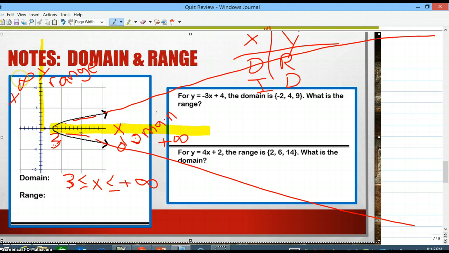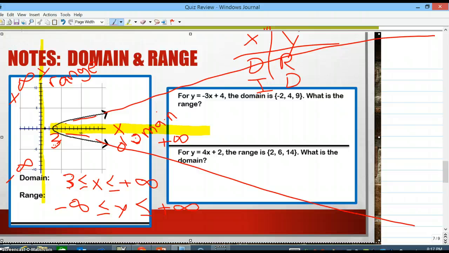And because it's going to go on forever and ever downwards, we are going to use all of the y's going down. So our parabola is going to go on to negative infinity in terms of the y's. And if we write this in terms of range, our y is going to go from negative infinity all the way to positive infinity because we're going to use all of the y values going upwards and all of the y values going downwards.